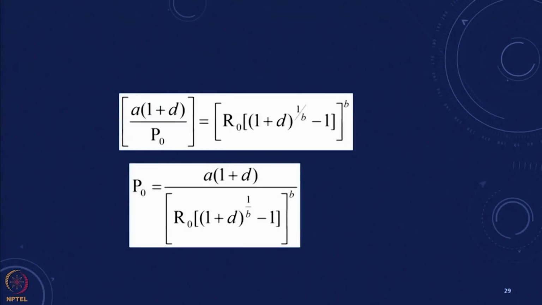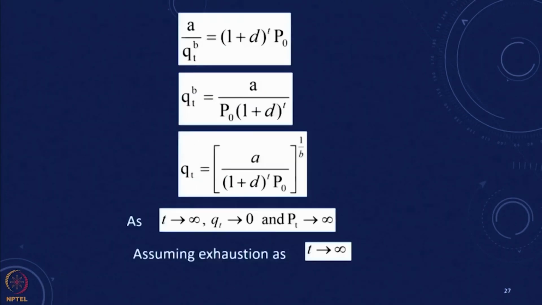So with this, we have now derived all the expressions for the price trajectory and the quantity trajectory for perfect competition. Now the question is, what if there is a monopoly? What if the mine manager controls all the mines, and the mine manager can then, will the strategy remain the same or will it be different? We will look at this in the next module.